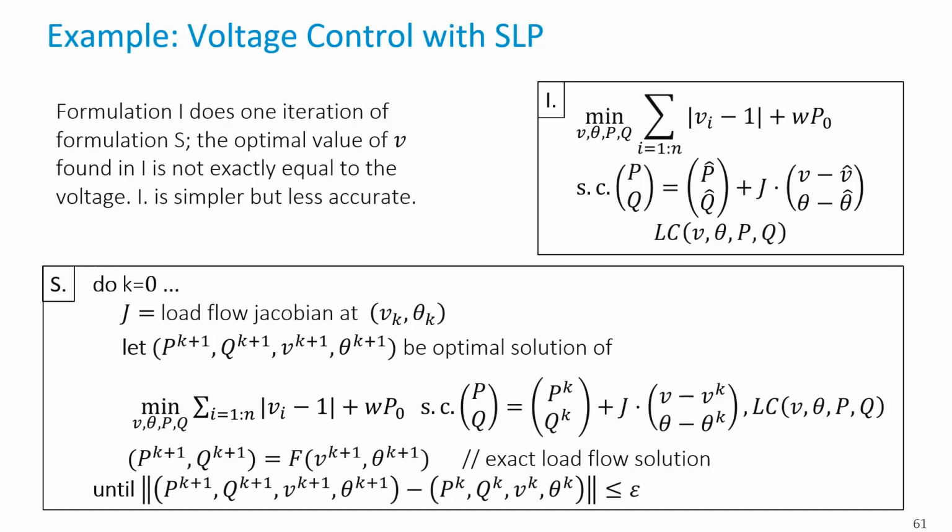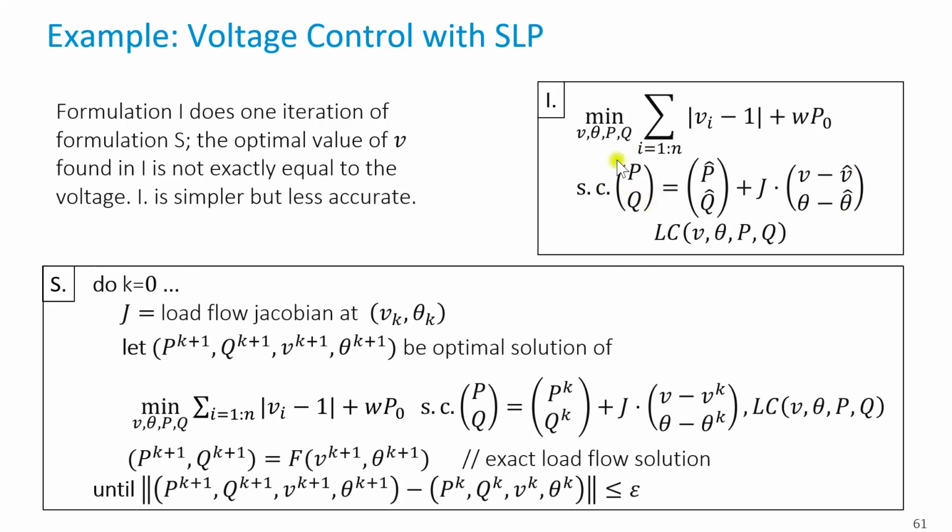So if we recap, for example, if we go back to the voltage control problem, here are 2 versions of the voltage control problem. The very first version would be to minimize the voltage penalty that is given by this, subject to the constraints that are expressed in the form of linear constraints of the grid. If we do this, the problem is, of course, much simpler.